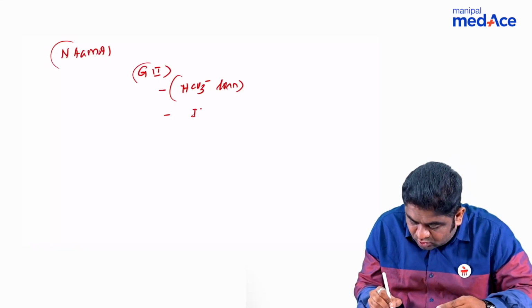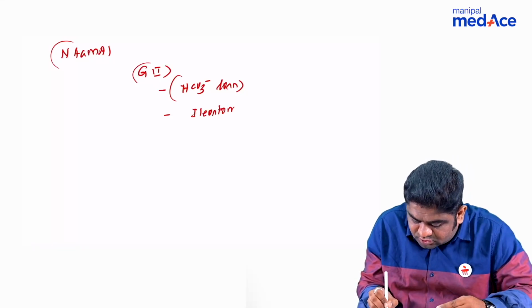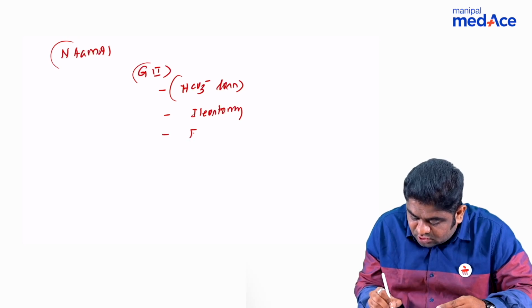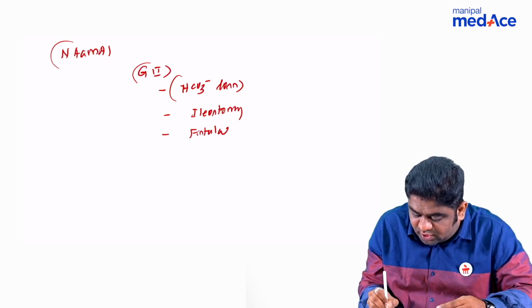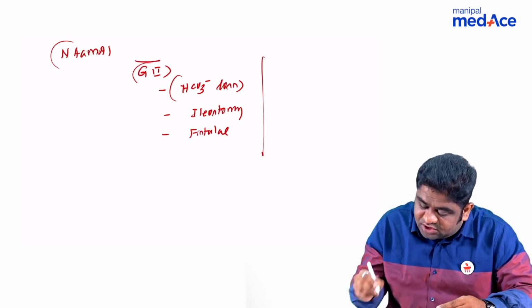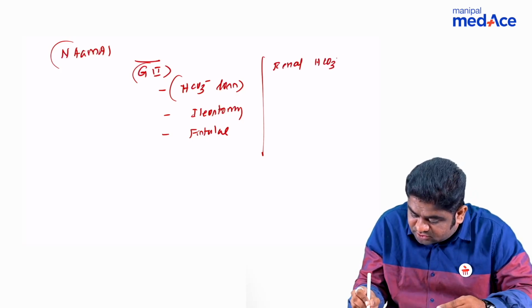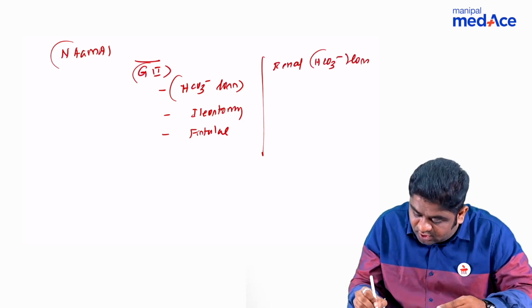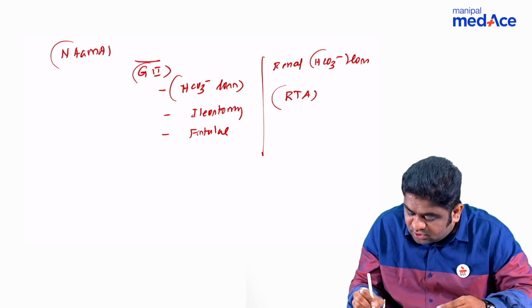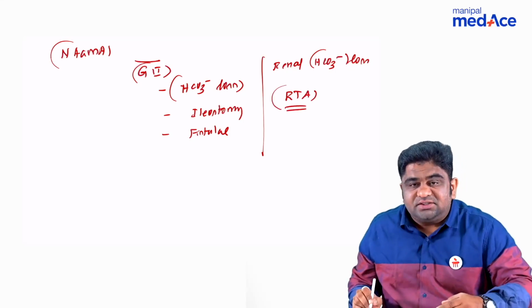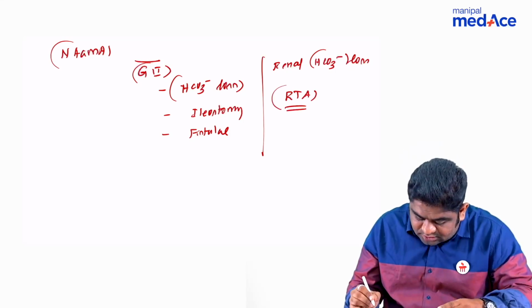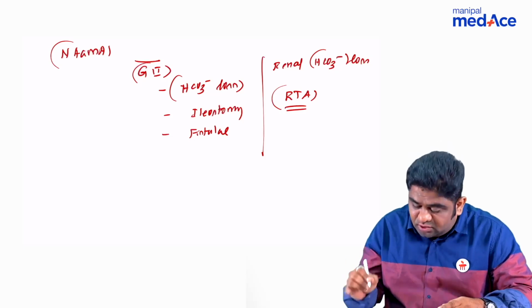Apart from that, you can also see them in case of ileostomy or colostomy drainage, or in case of fistulae. Now, not just the GIT, even renal bicarbonate loss will be able to cause the same. Example, you can have renal tubular acidosis, where accumulation of acids is not the primary problem, it is the inability to acidify the urine.